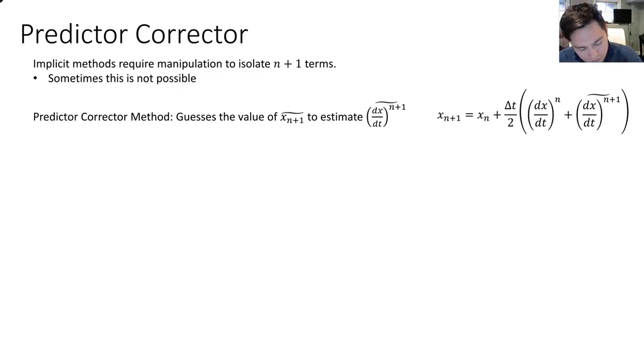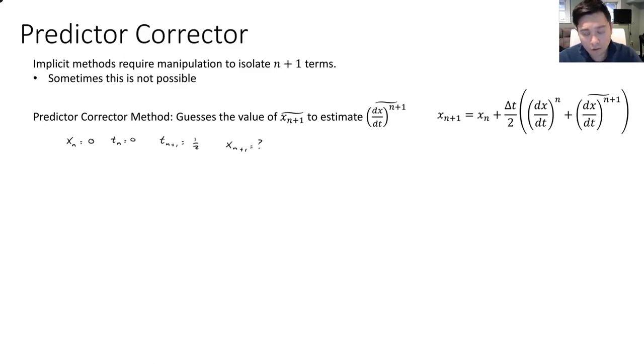So we know that initially x of n is equal to 0, and t of n was still equal to 0, and t of n plus 1 was equal to 1/2. What we didn't know was what x of n plus 1 was.